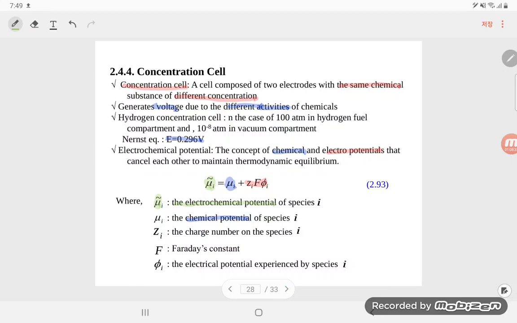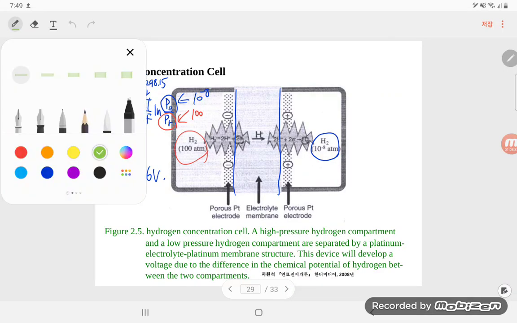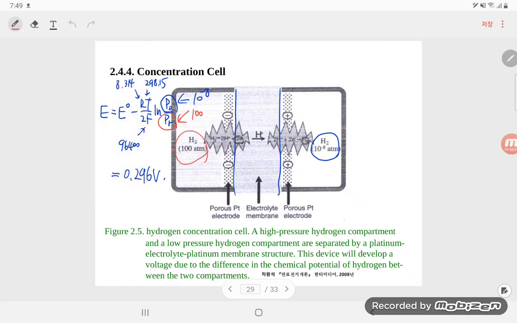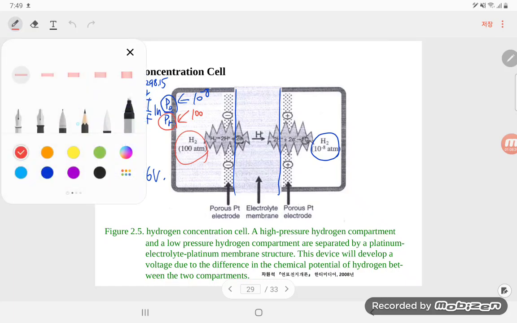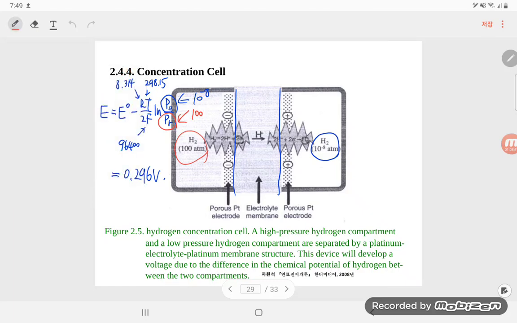What is the electropotential? If we don't connect the external current flow electrode here, so there is no connection between them, then the H plus protons move through this membrane, and electrons cannot move through, so they accumulate in the electrode.